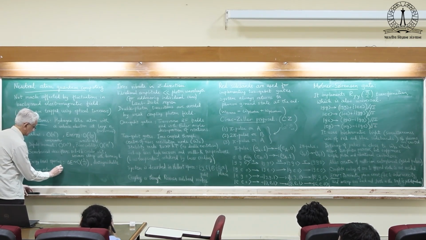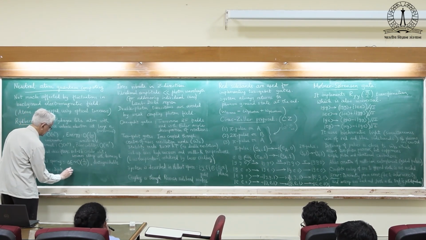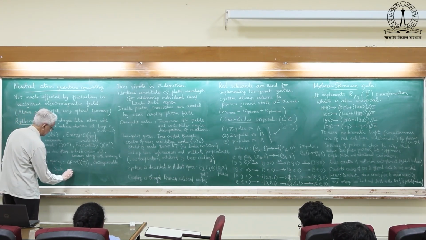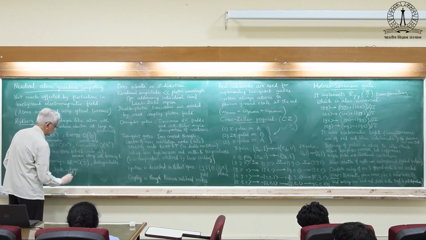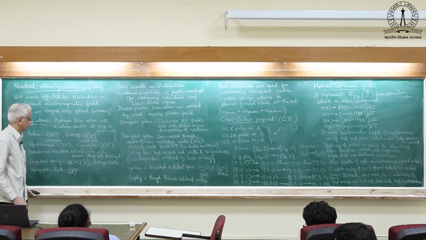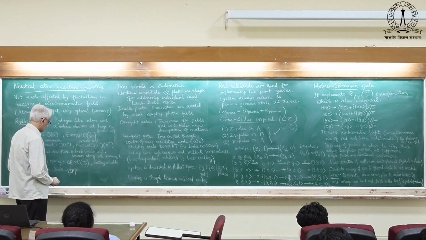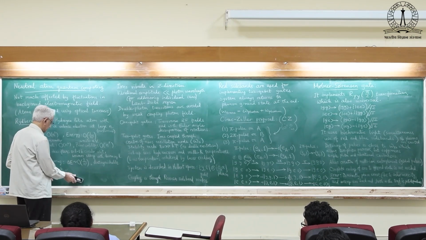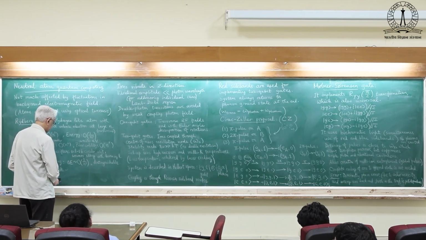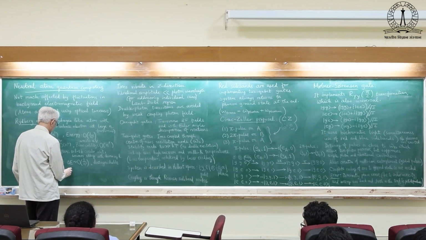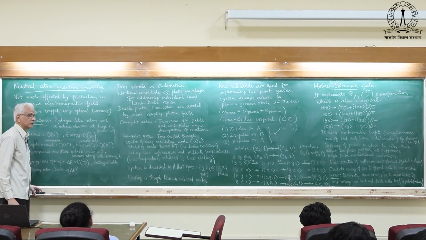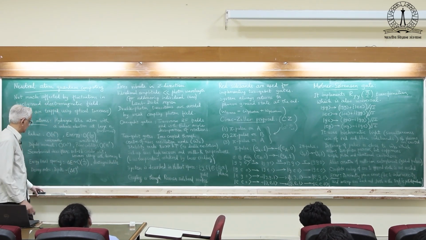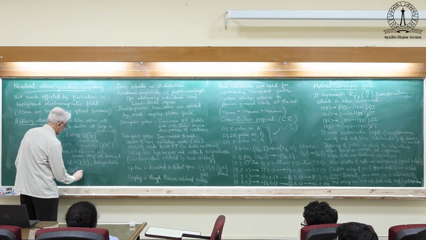As I mentioned earlier, the dipole decay rate goes as delta E cubed, the third power of the frequency.